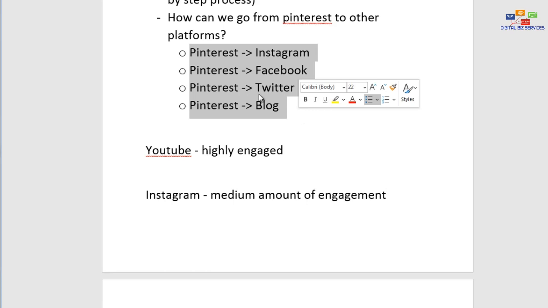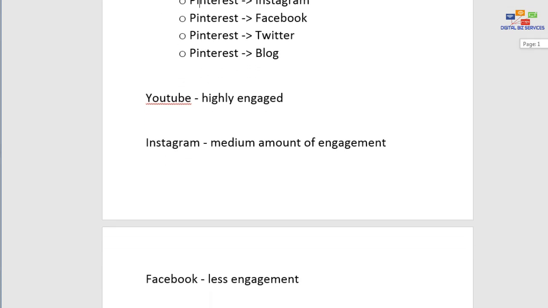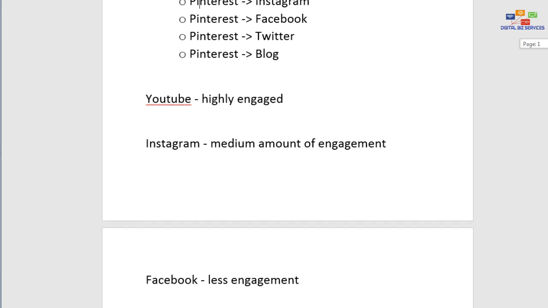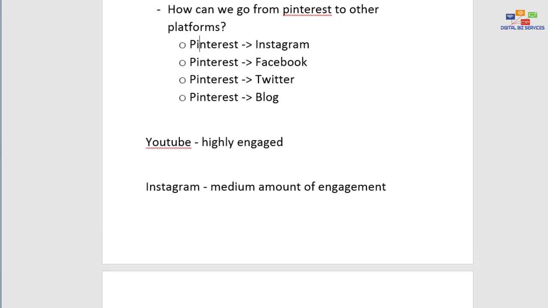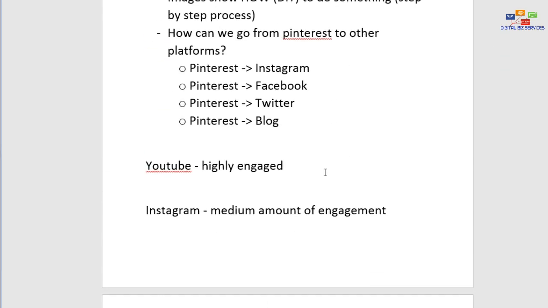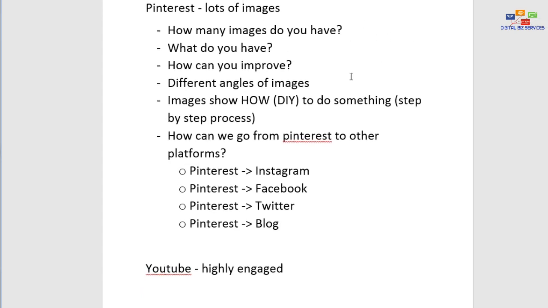So in essence, all you have to do is upload to Pinterest once, and the automated system will take care of the rest, right? What we're trying to do here is go from the extremely highly engaged social media sites to the lower end where it's not as engaged, if that makes sense.